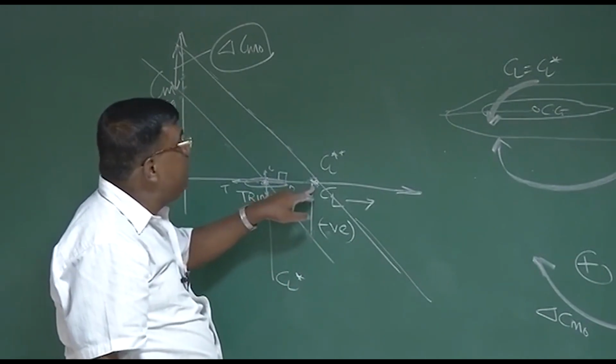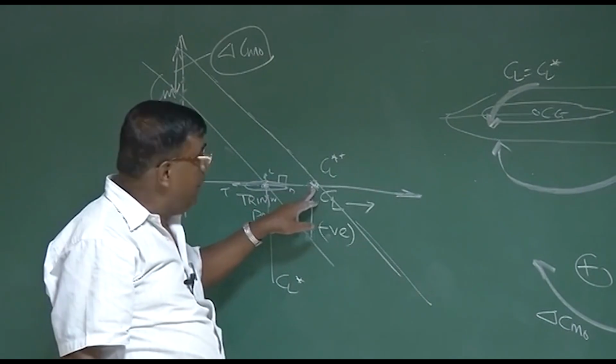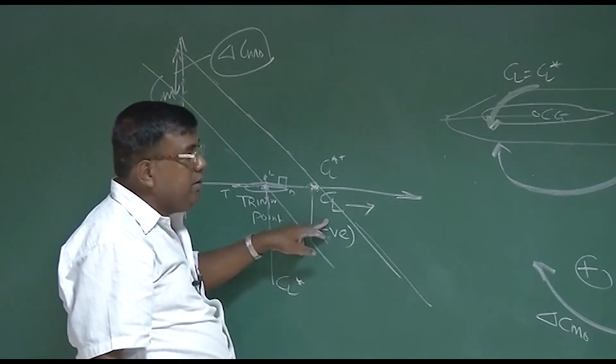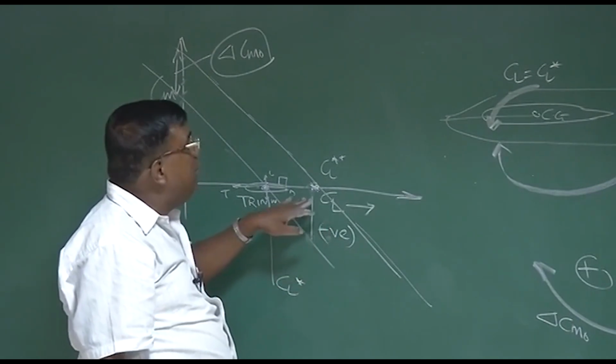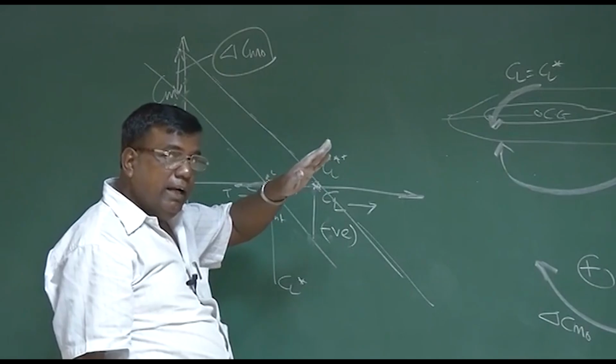But I want to fly here, means at this point the net pitching moment should be 0. So I will be using elevator in up configuration to generate a positive moment so that this moment is countered, and I can fly at higher CL.